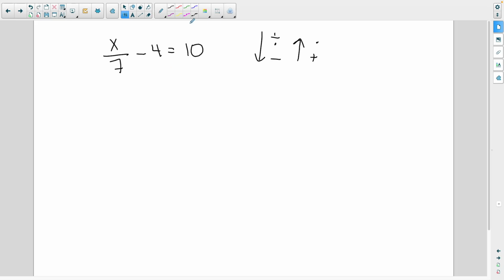Now, another thing we want to talk about is that we have sides. And whatever we do to one side, we're going to say this is our brother over here, we have to do to brother number 2. Right, they're twins. You can't do one without the other. So we're going to say plus 4, plus 4.